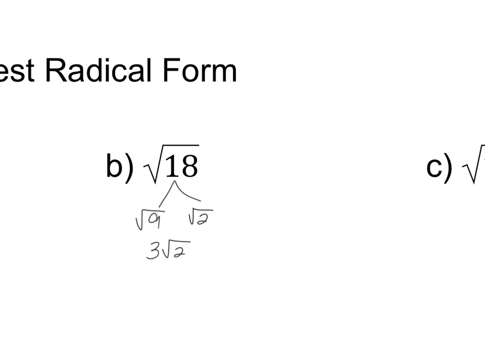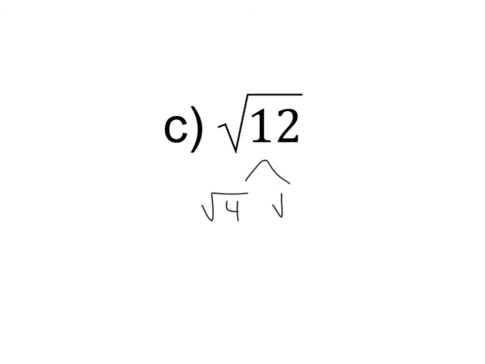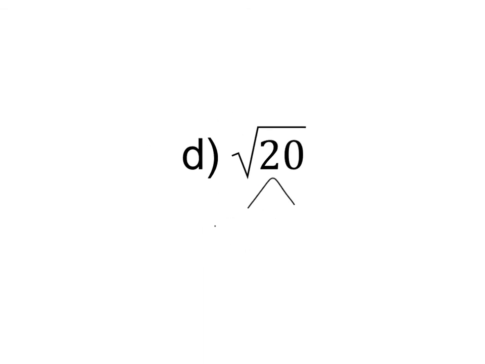I don't tend to say it that way, but sometimes I'll hear that too. It's not wrong. Okay, square root of 12, can't do it. So what does it break up into? Square root of 4 and the square root of 3. Right, so that would be 2 square roots of 3. Okay, and 20 breaks up into the square root of 4 and the square root of 5, which becomes 2 square roots of 5.